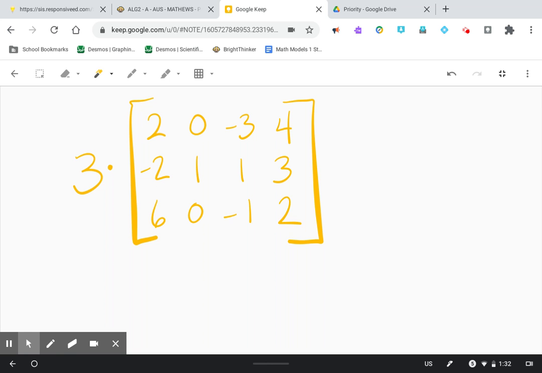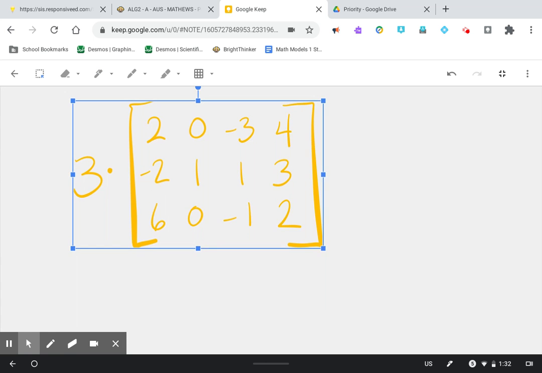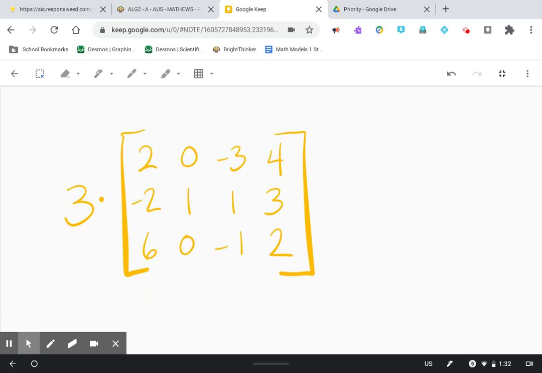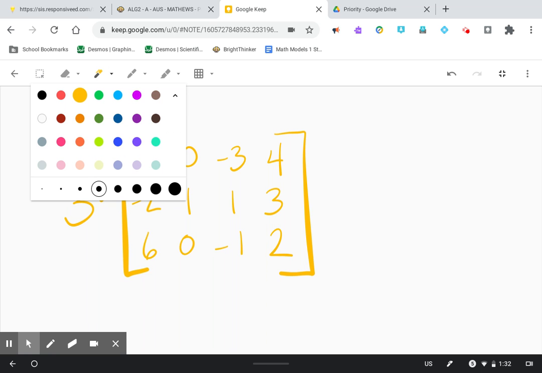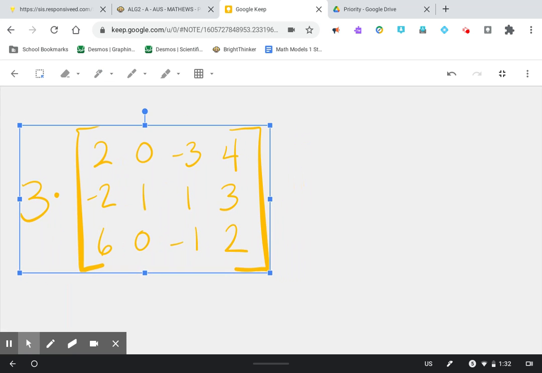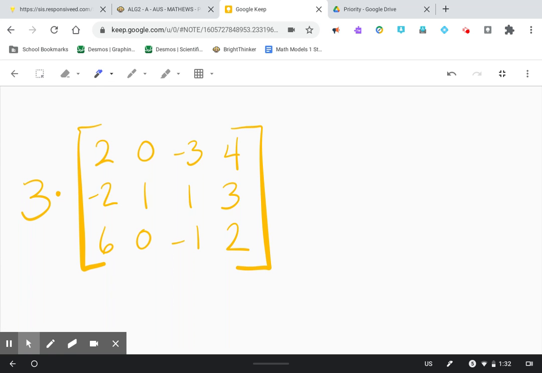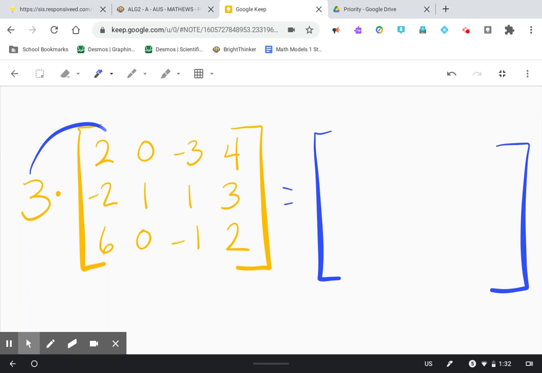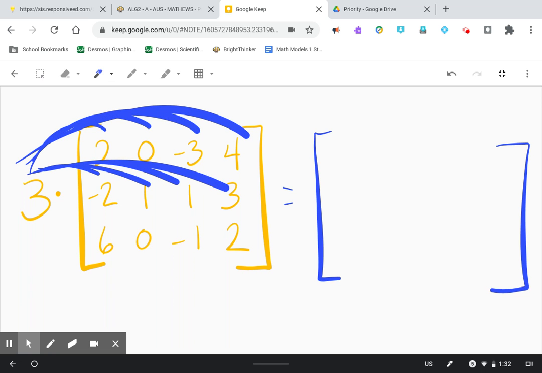When we do scalar multiplication, which is the term we use for multiplying a constant term times a matrix, you can think of it as the distributive property, in that we are going to multiply every term inside this matrix times the scalar number. It's really straightforward. Our answer is going to be a matrix with the same dimensions as the original matrix, but I'm just going to multiply 3 times every term in this matrix.